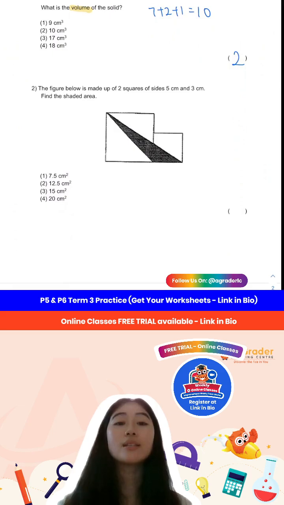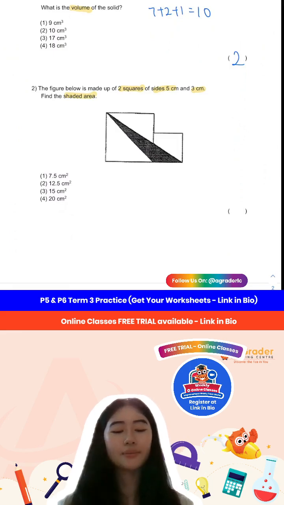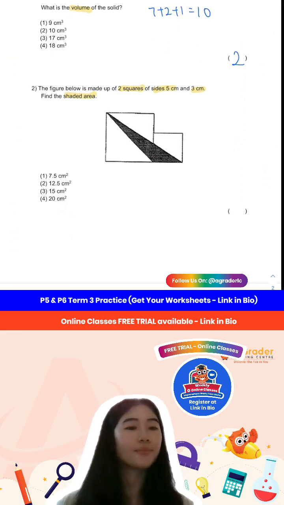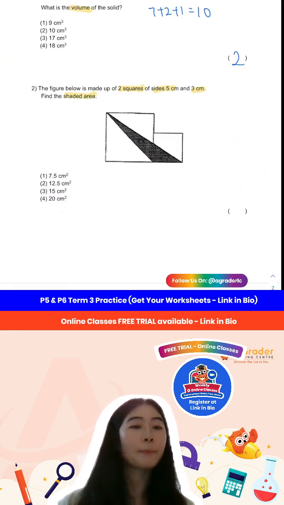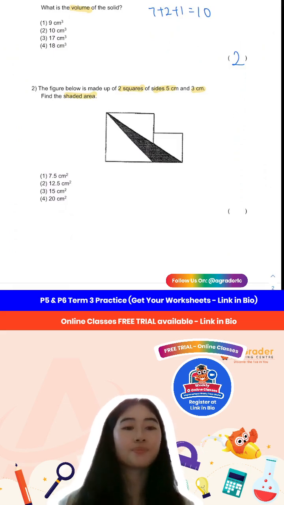Okay, so this is the second question. You guys can try it. The figure below is made up of two squares of sides 5 cm and 3 cm. So find the shaded area. Let me know your answers. This one can solve in one step, okay?